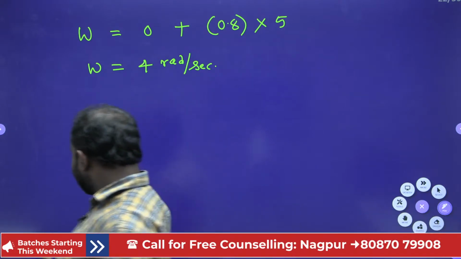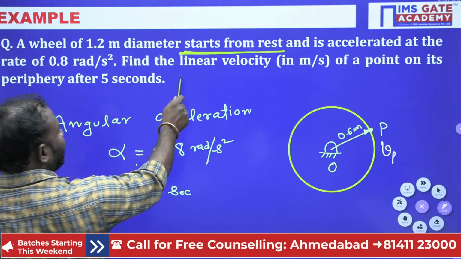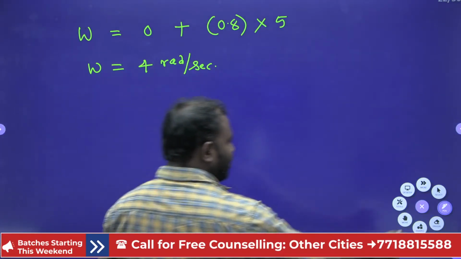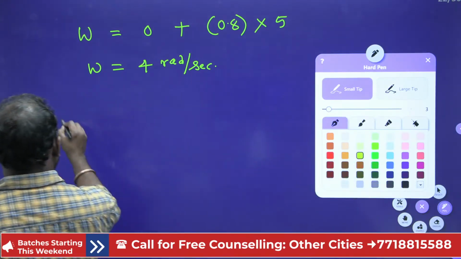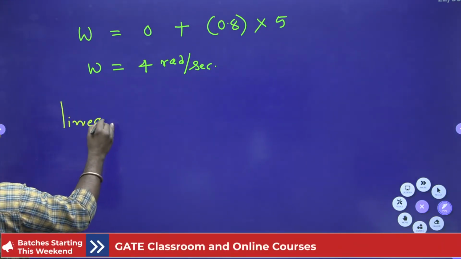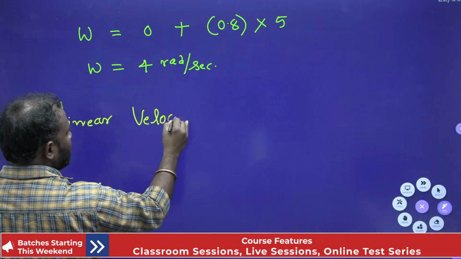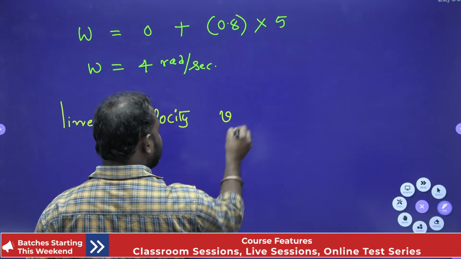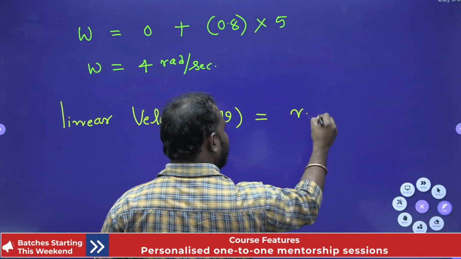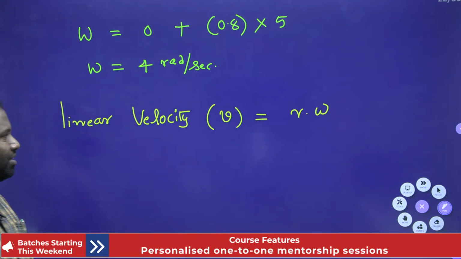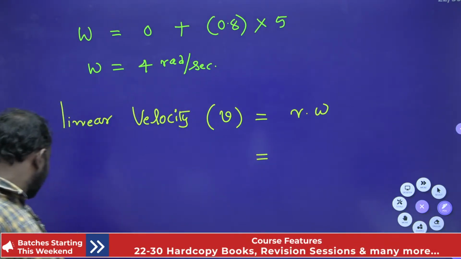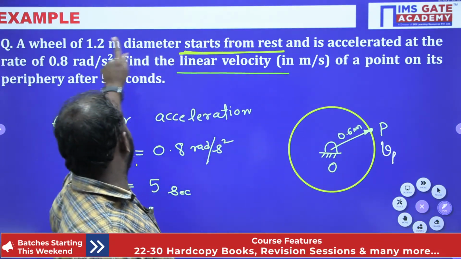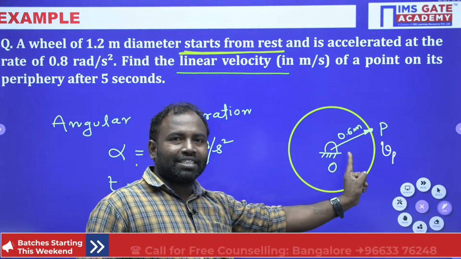In the problem, what do they ask? We need to find the linear velocity. Now let me write the linear velocity. V is equal to what we have derived: R into W. Now here what is R? The flywheel diameter is 1.2 meters, but the radius is 0.6, half of the diameter.